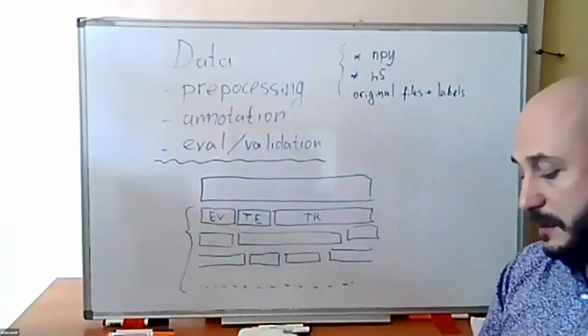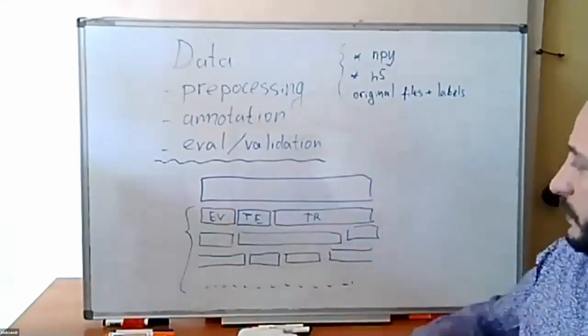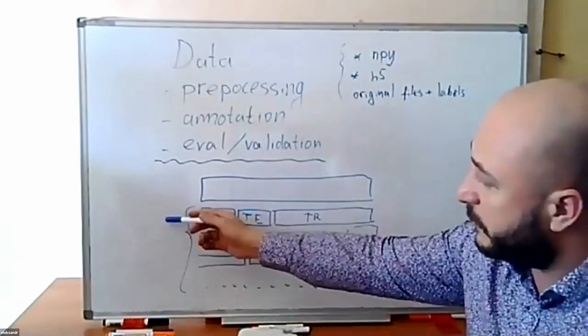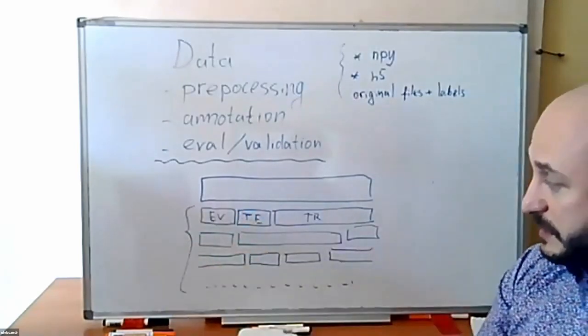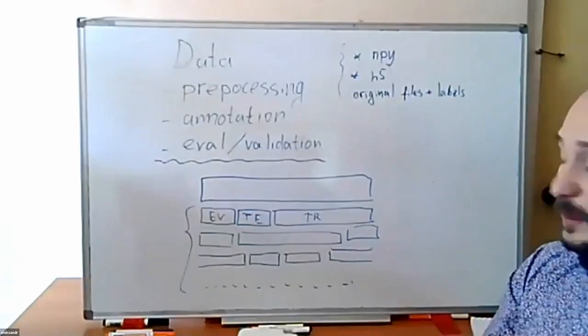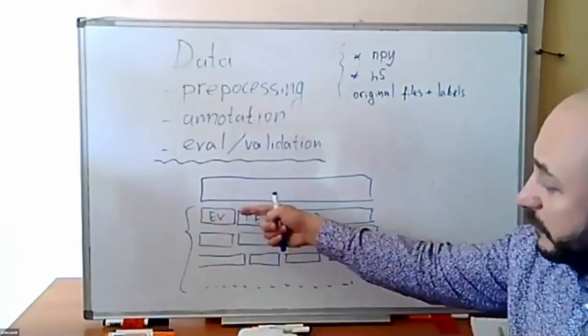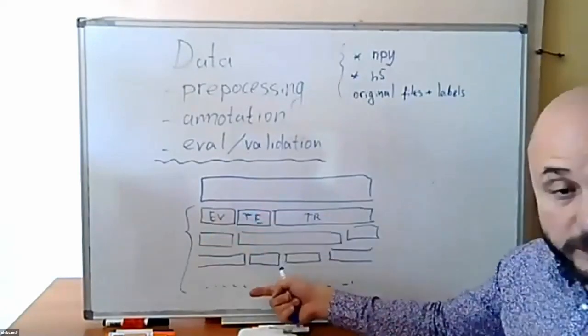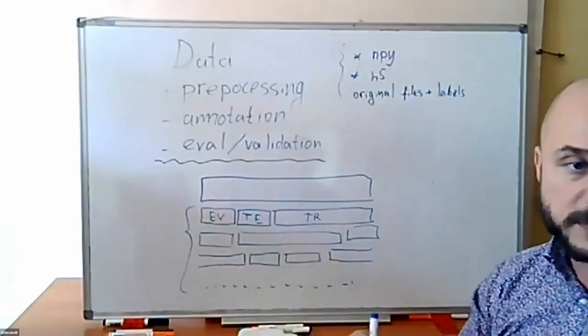Something like this. And this way we get many options for splitting the data. When we run our evaluation, we run it on all of them and then take the average.